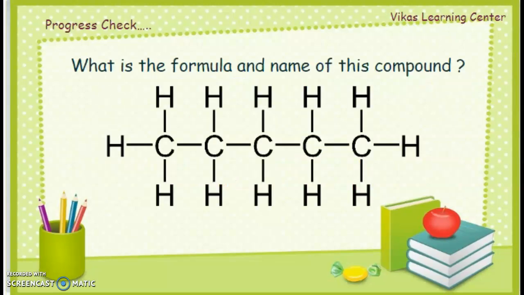Come to this question. What is the formula and name of this compound? Just count the number of carbon atoms present here: 1, 2, 3, 4, 5. So you have 5 carbon atoms. If you look at the hydrogen atoms, it is 1, 2, 3, 4, 5, 6, 7, 8, 9, 10, 11, 12.